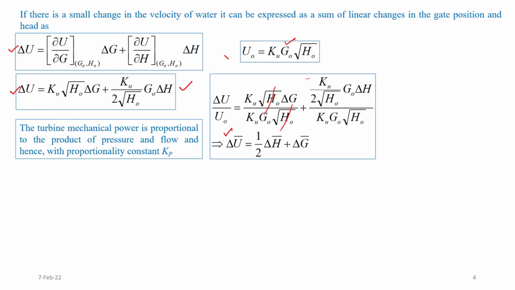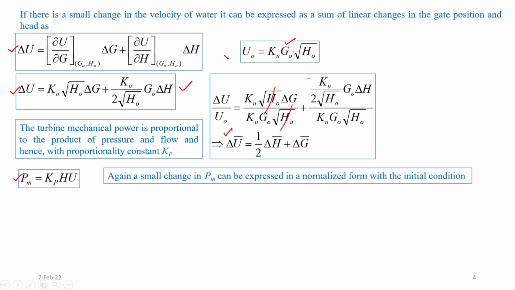Okay, now the turbine mechanical power is proportional to the product of pressure and flow. Okay, and hence with proportionality constant Kp, I can write this. So Pm, that is the mechanical power exerted by this water, will be Kp H into U. U is your flow rate and H is your head of the water reservoir, right?